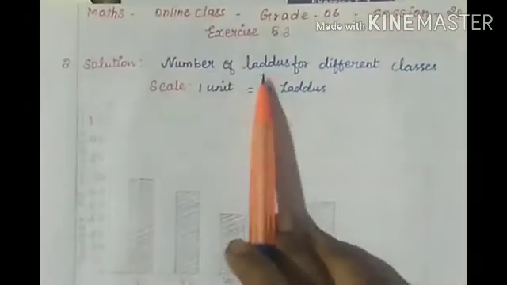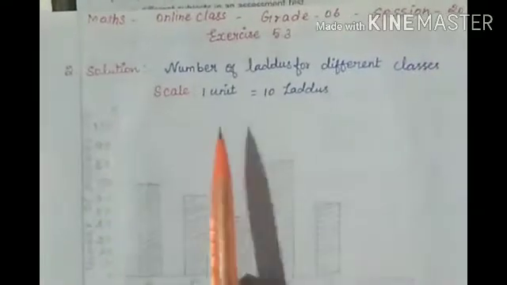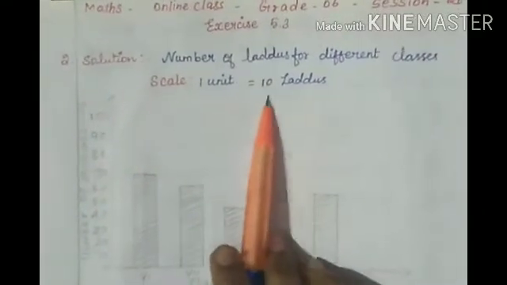See children, now we will write the answer for this: number of laddus for different classes. Chitra has to give the laddus, right? So what is the scale? We can take 1 unit equal to 10 laddus.